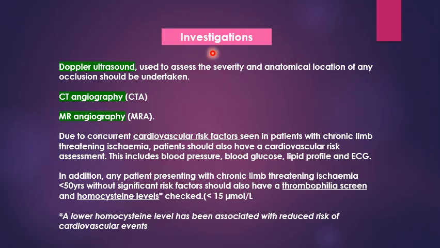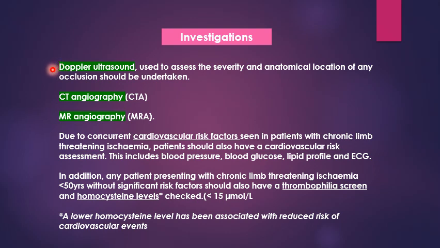Okay, what are the other special investigations that can be done for these patients or should be done? First is your Doppler ultrasound, which is used to assess the severity and anatomical location of any occlusion and should be undertaken. So very important to do a Doppler.